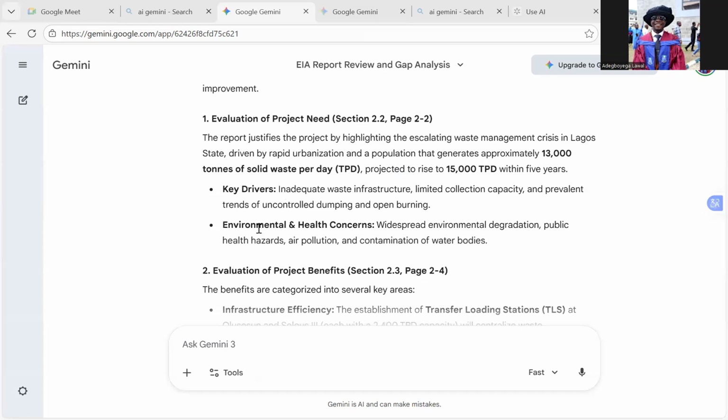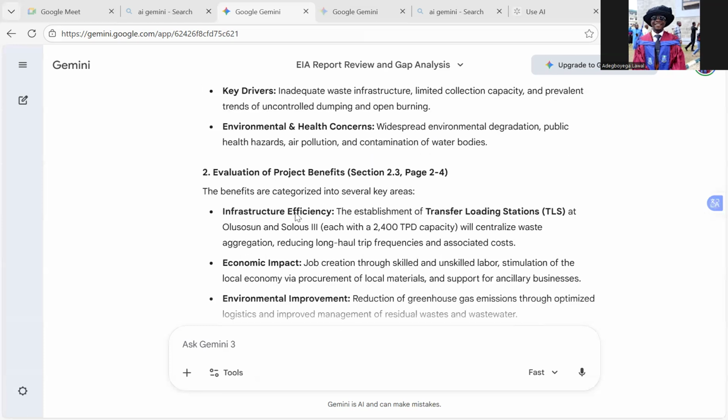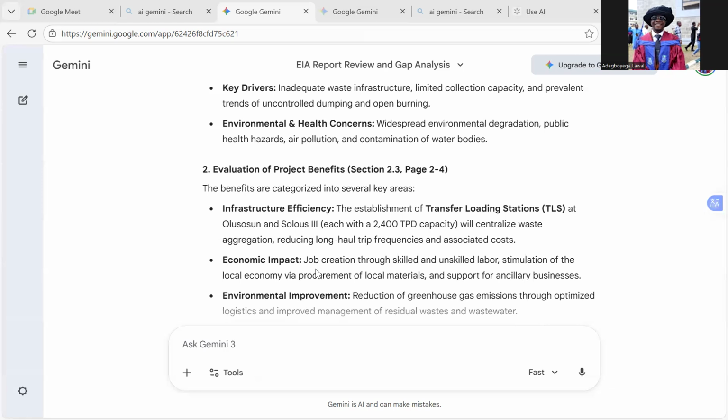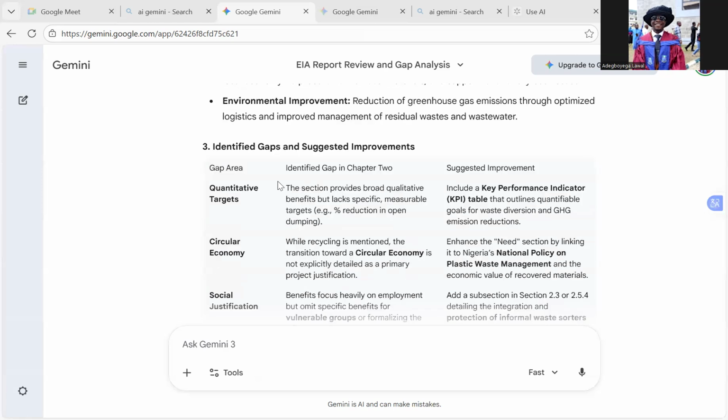These are the key drivers, the environmental health concerns. Evaluation of the project benefits. These are the evaluation, but now let us look at the gaps. The gap is that the section provides broad qualitative benefits but lacks specific measurement targets.